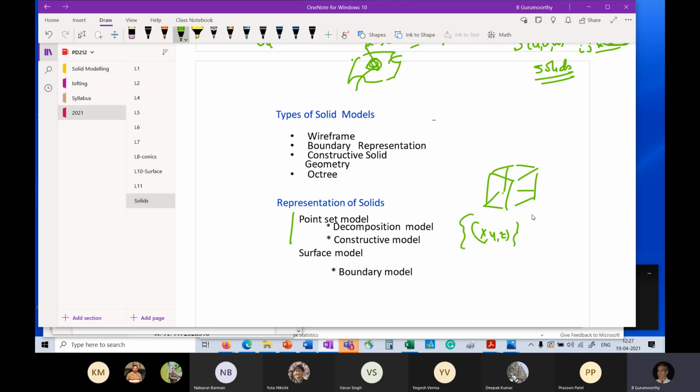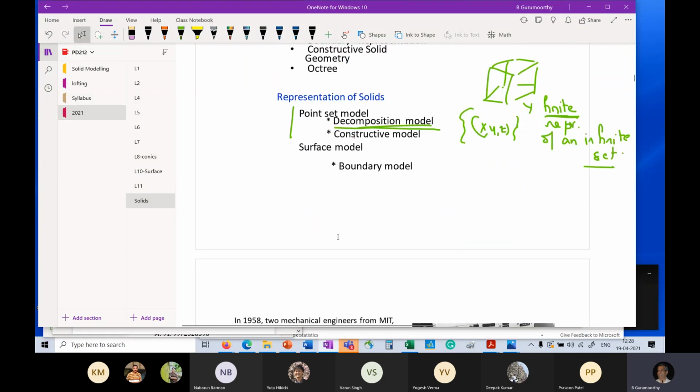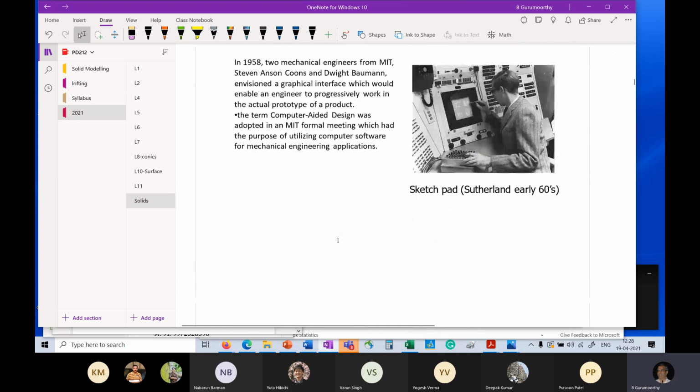So what we are looking for is what the mathematicians call a finite representation of an infinite set. So I have an infinite number of points in here, but my representation will be a finite one that we can get our heads around and write programs around. And the first of these is what is known as the decomposition model, and I will first start by looking at that. But before that, I think we have to go through the wireframe first.